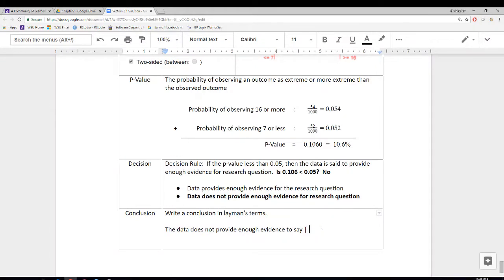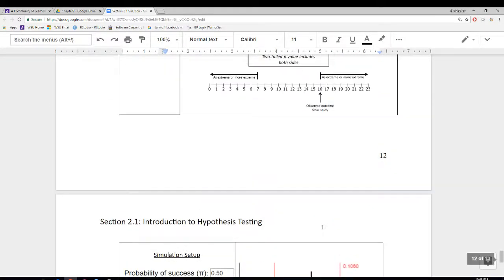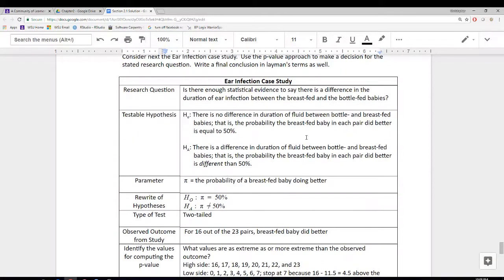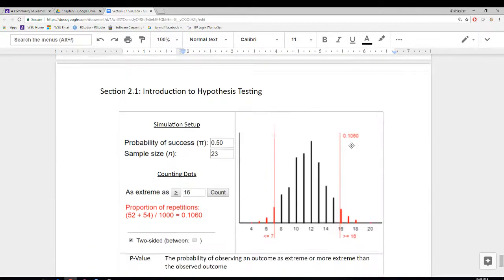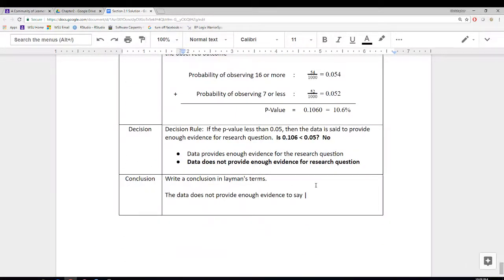Now we need to go get the research question. And the research question here is to say that there is a difference in the duration of ear infection between breastfed and bottle-fed babies. So I'm just going to copy and paste that right in here.